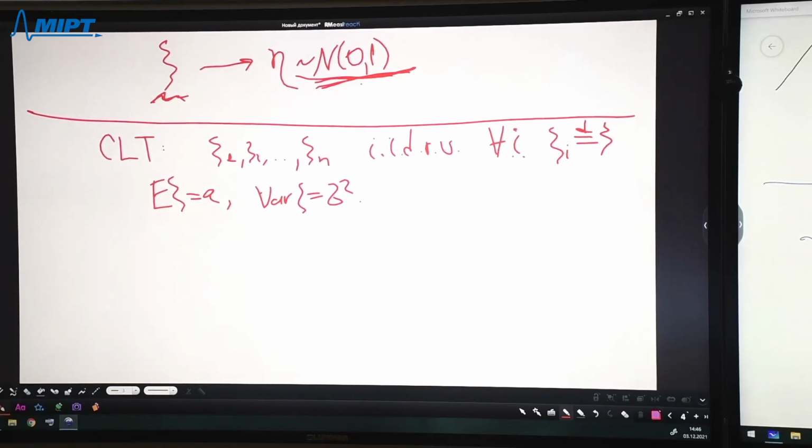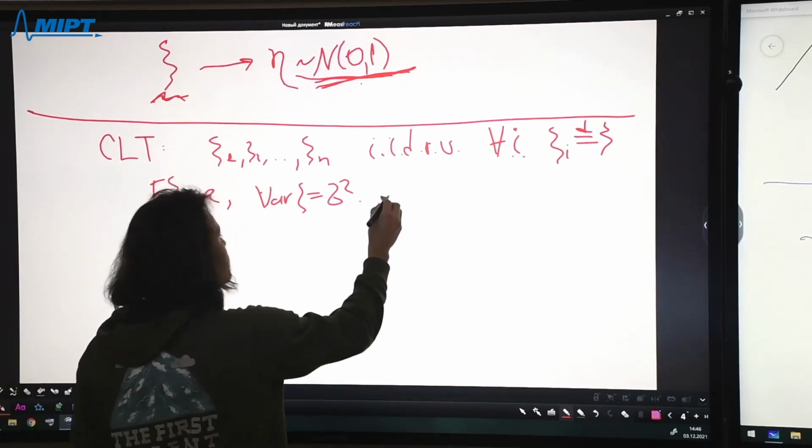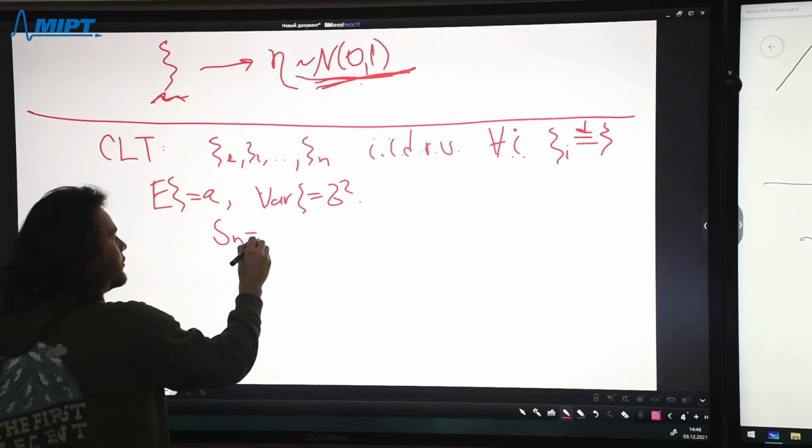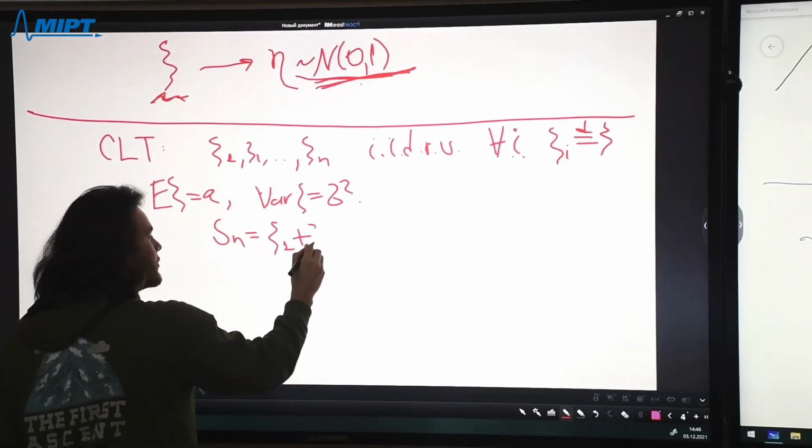Then we can introduce the following random variable Sn, which is the sum of these random variables.